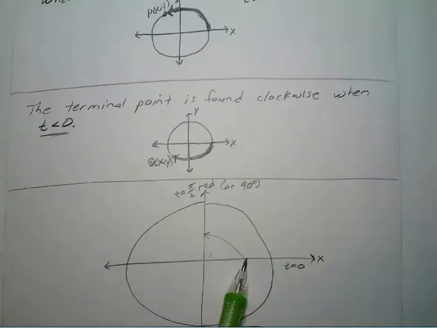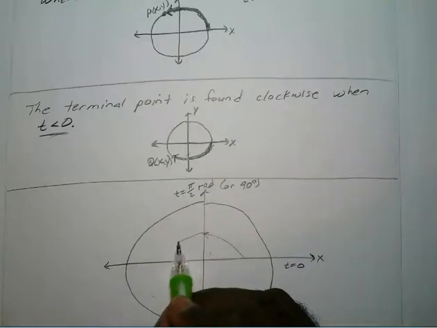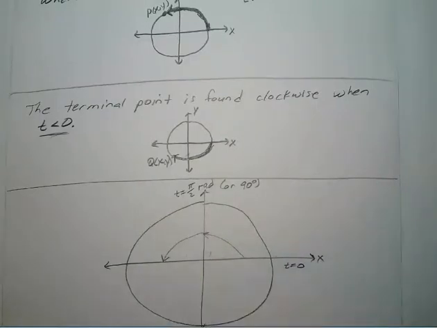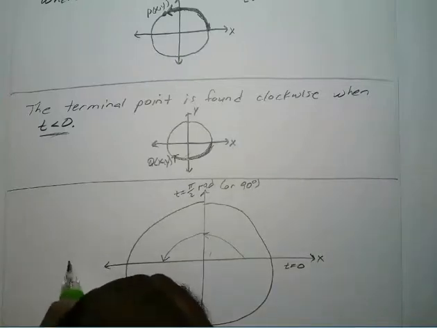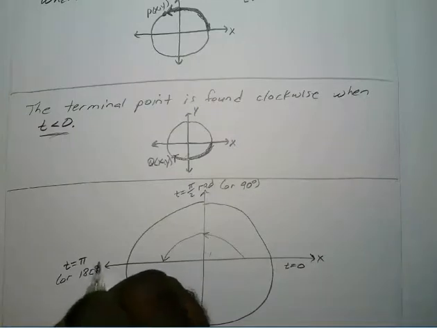Okay, but if you're going from t equals 0 all the way to here, then that's t equals pi, or 180 degrees.